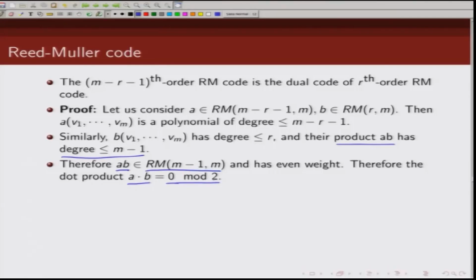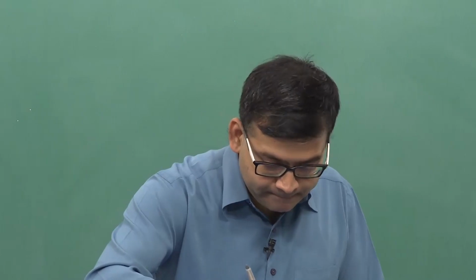In other words, what we have shown is, if you take a code word A which belongs to the m minus r minus 1th order Reed-Muller code, and if you take another code word which belongs to the rth order Reed-Muller code, then they are orthogonal to each other.